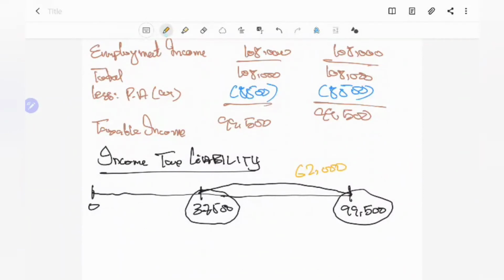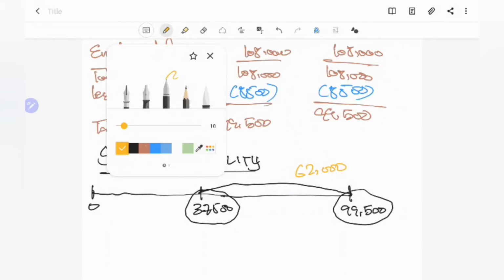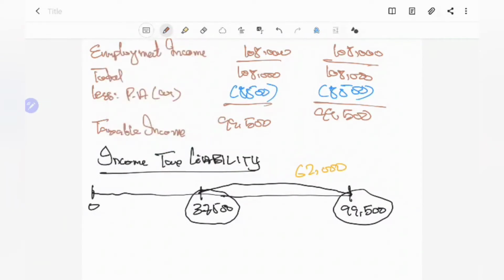So now what I will do, simply 37,500 into 20%, what I will get, 7,500, and 62,000 into 40%, what I will get, 24,800, right?